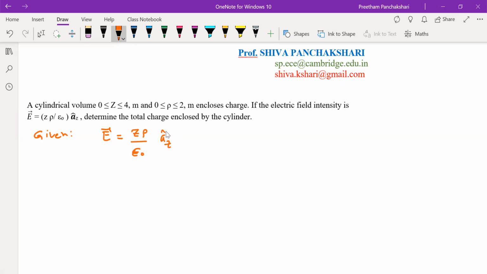a cap z. It's given. Then a cylindrical volume is given. Consider a cylinder.